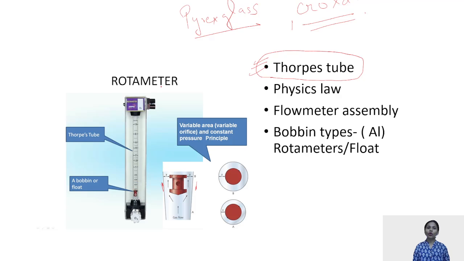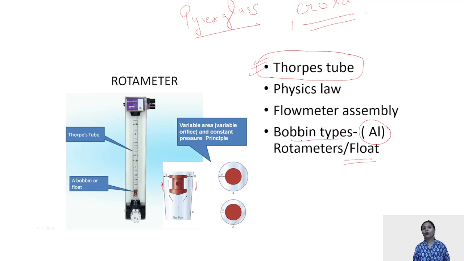But as you go up and up, the area between your tube and your bobbin is going to increase. That is variable orifice. Now, where does your bobbin actually float? This is your bobbin, also known as the float, made up of aluminium.